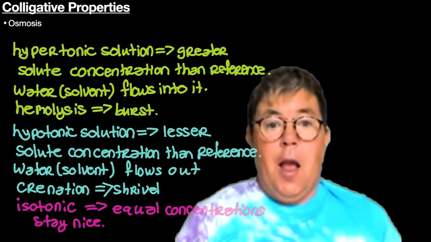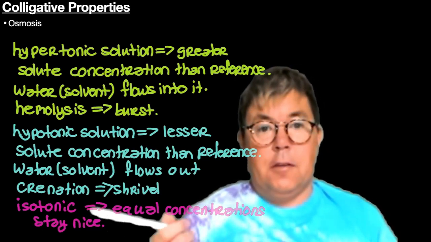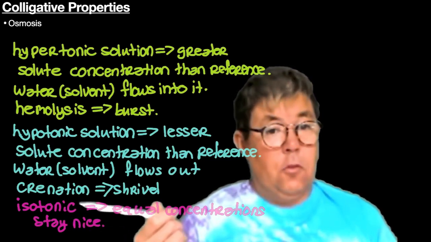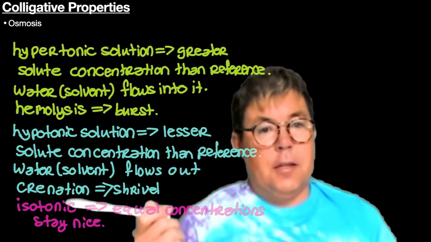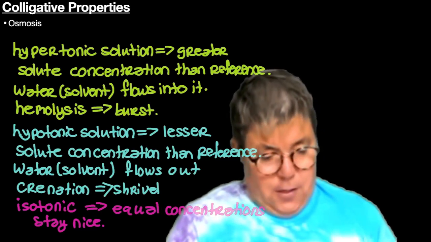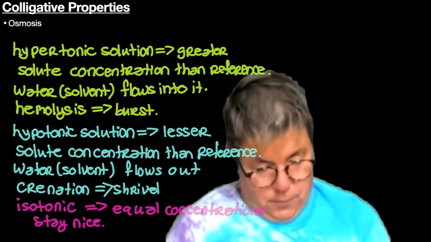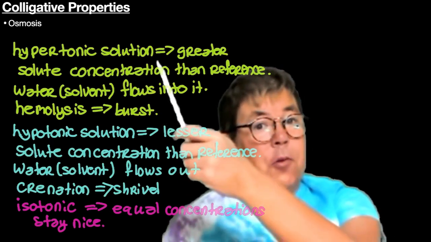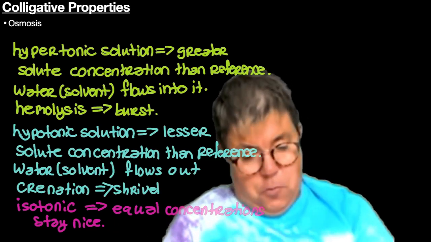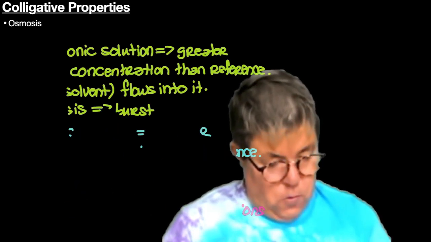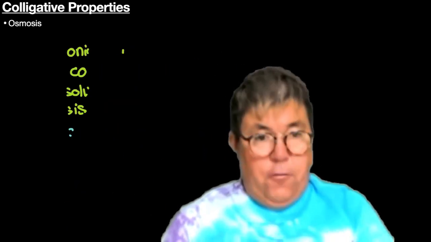So in terms of dialysis and osmosis, especially osmosis, if we have isotonic solutions, there will be no net movement of solvent in these cases. So pay attention to these definitions because you will be asked to explain with these definitions what is happening in the experiment.